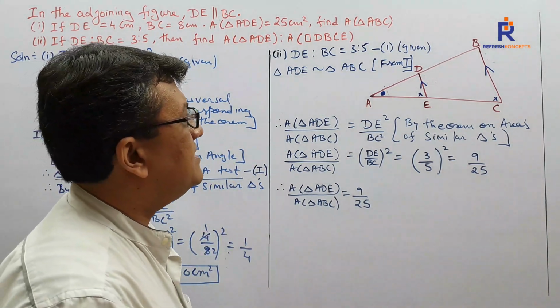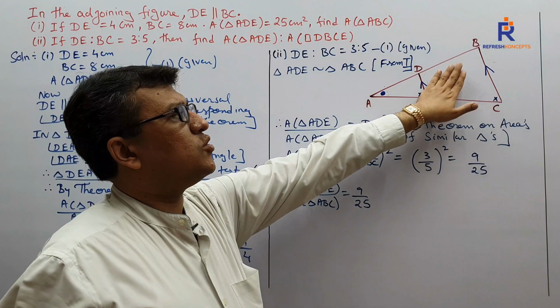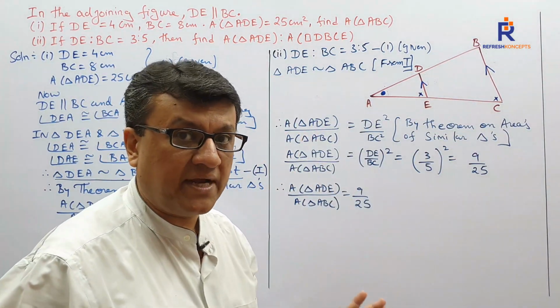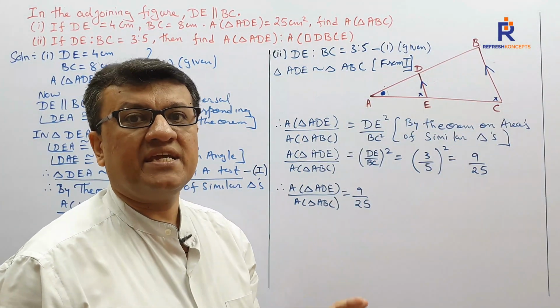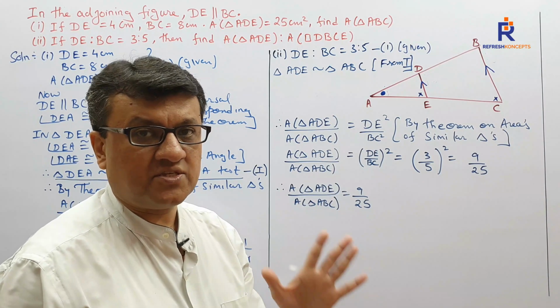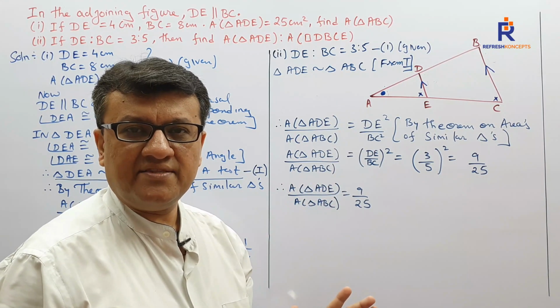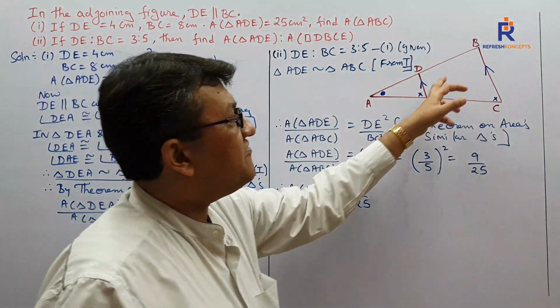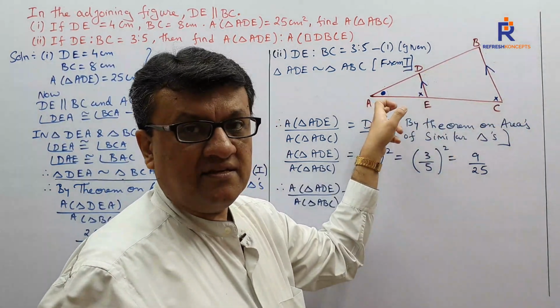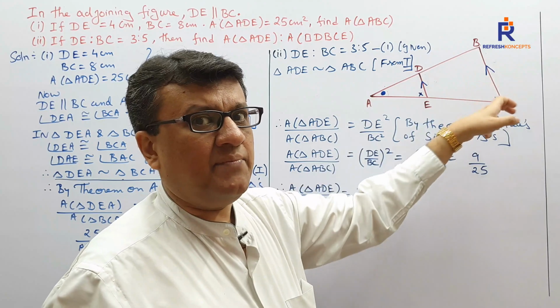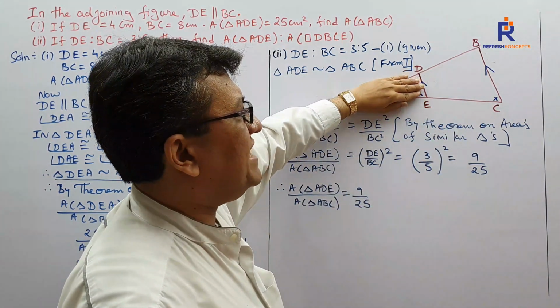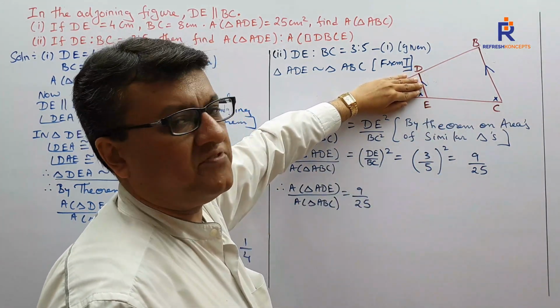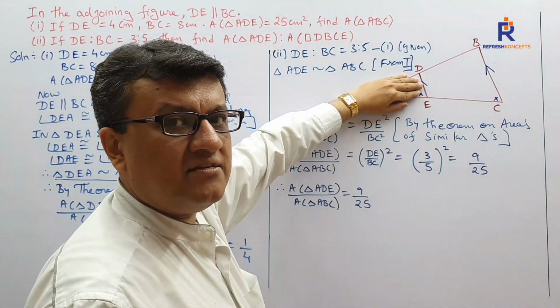Let's understand. How will I get the area of the quadrilateral is the very first question which should come to your mind. The answer is so simple. If from the entire ABC I subtract ADE, what am I left with? I'm left with the quadrilateral.